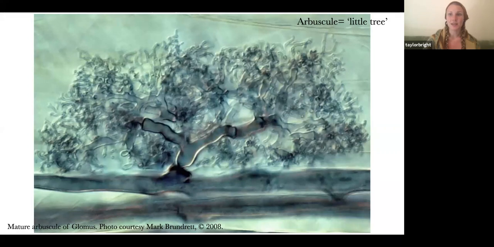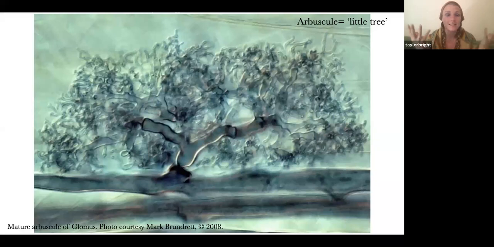And with the arbuscular mycorrhizal fungi, the fungi that actually penetrate the cells of the roots of plants, they form these little organelles, what's called arbuscules. So imagine in a root cell, the fungal mycelium is creeping along, and then it penetrates this root cell and produces these arbuscules.